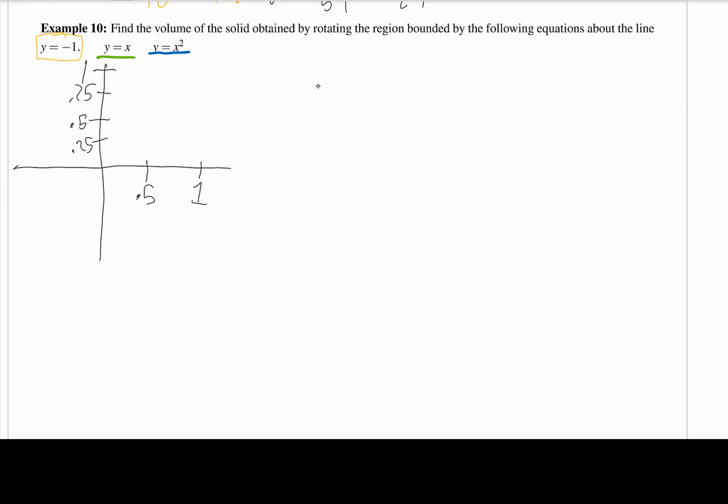Okay. So for my y equals x line, we should have 0, 0.5, 0.5, and then 1. We get some line that looks like this. For my blue line, we should have the origin. Now, if we plug in 0.5 for x, we should get 0.25. And then, when I plug in 1 for x, we should get this right here.